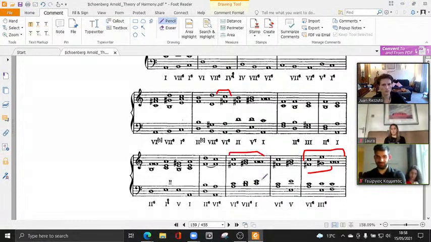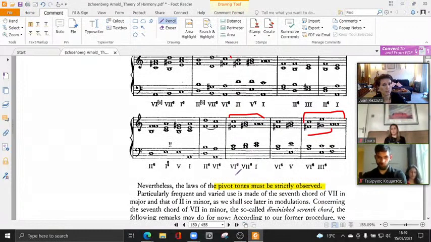Yeah, the same thing, kind of like this. With two diminished in a row, but because it works voice leading wise, it just really works.